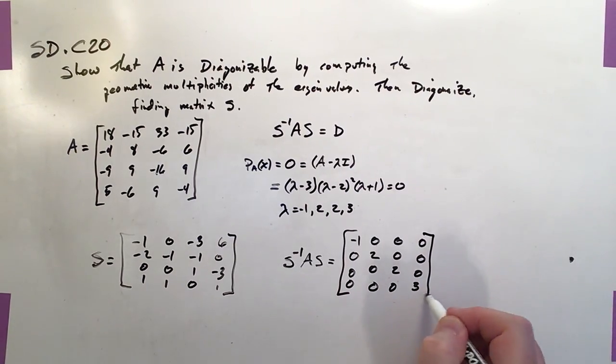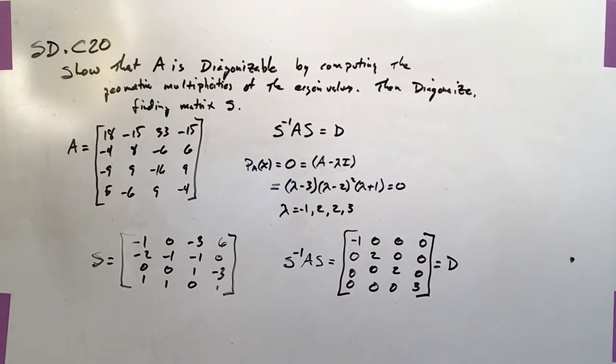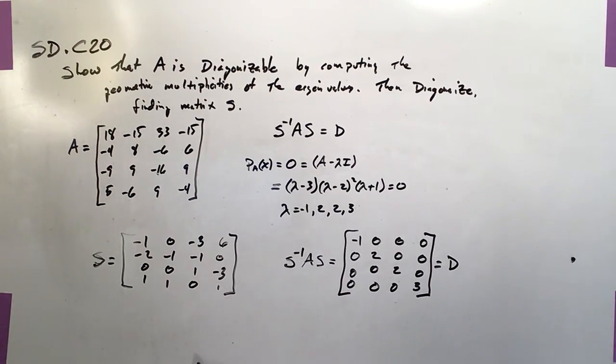So this would be the matrix D. This is the diagonal matrix that corresponds to matrix A. It's the result of the product of these three matrices. It has the eigenvalues along its main diagonal, and of course the matrix S is selected to be the total eigenspaces for all of the eigenvectors.